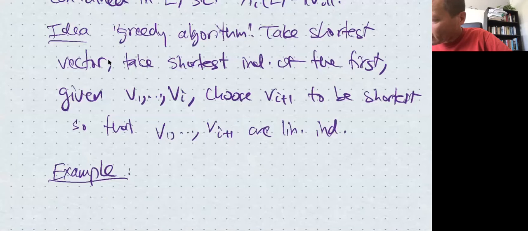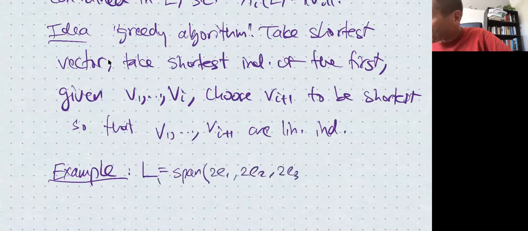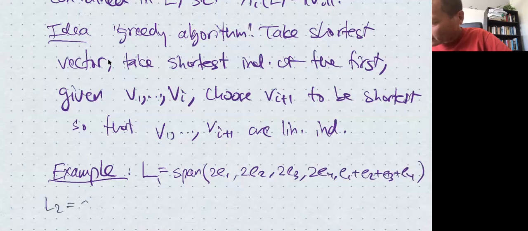Let's take L to be the span of, well, we were using this lattice earlier: 2e1, 2e2, 2e3, 2e4, and e1 plus e2 plus e3 plus e4, span over Z.